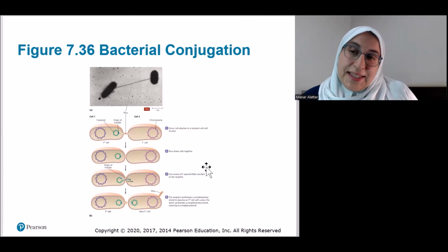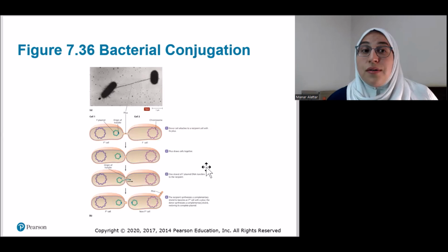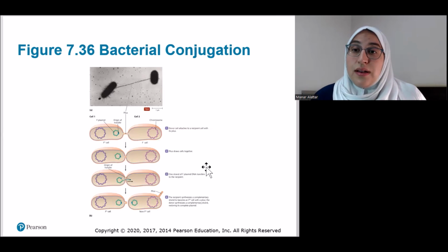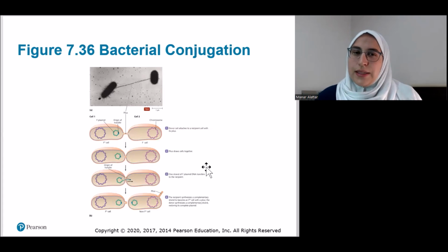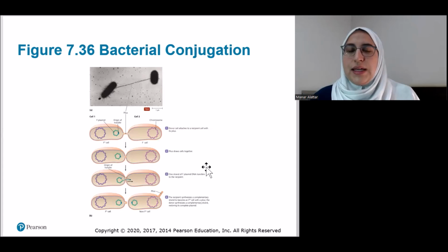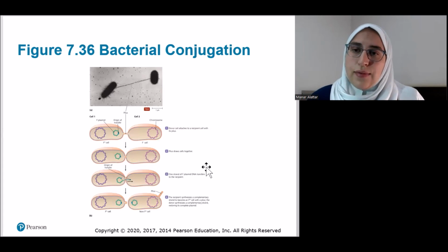Now, another thing that makes horizontal gene transfer interesting is that we can actually utilize it in the lab. Even bacteria that don't tend to pick up genetic information, we can use various techniques to shock them, essentially, into being able to pick up genetic information.